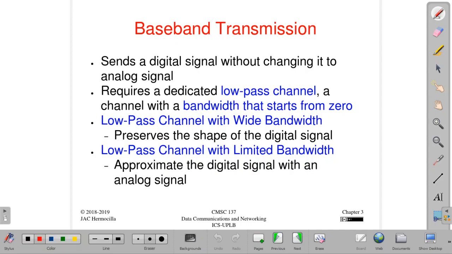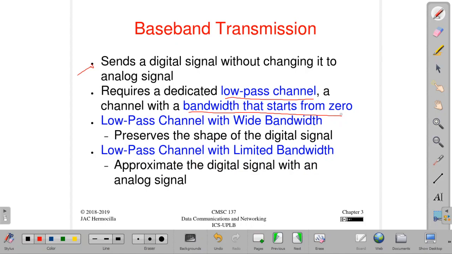But let's see what this means in terms of digital transmission. So in baseband transmission, you send a signal, digital signal, without changing it to analog signal. So it is as is. What is the main requirement? It requires a low pass channel, a channel with a bandwidth that starts from 0. Recall our discussion about bandwidth.